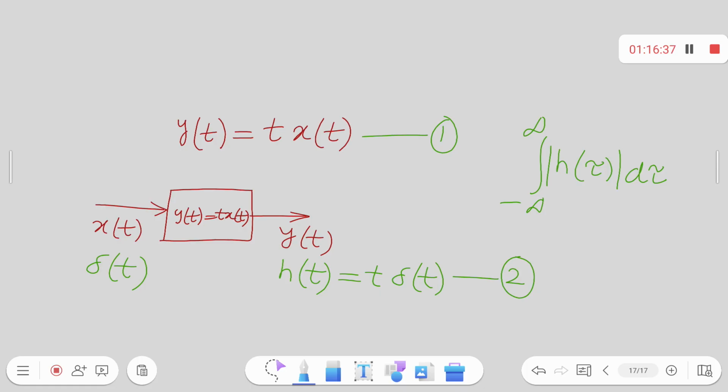So that's why I have given this particular example, to make the point that absolute summability or absolute integrability of the impulse response to determine stability is applicable if and only if the system concerned is an LTI system. If not, then you should not go by this.